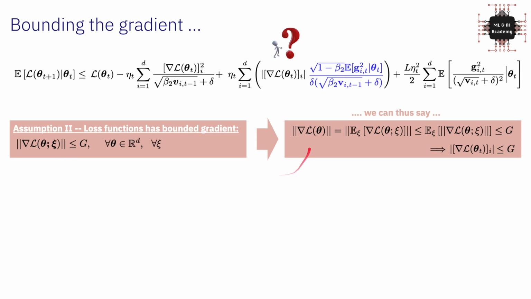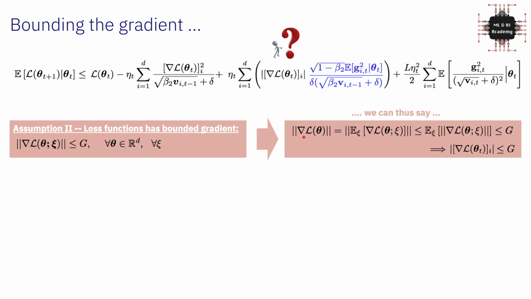With that, we can say that the norm of the objective's gradient is bounded. Again, remember, this is the same problem as the L smoothness. The assumption was that the subsampled function is L smooth, but we needed to show that the original function is L smooth. Here is a similar problem which says that the subsampled gradient is bounded, but now we need to show that the gradient of the objective is bounded.